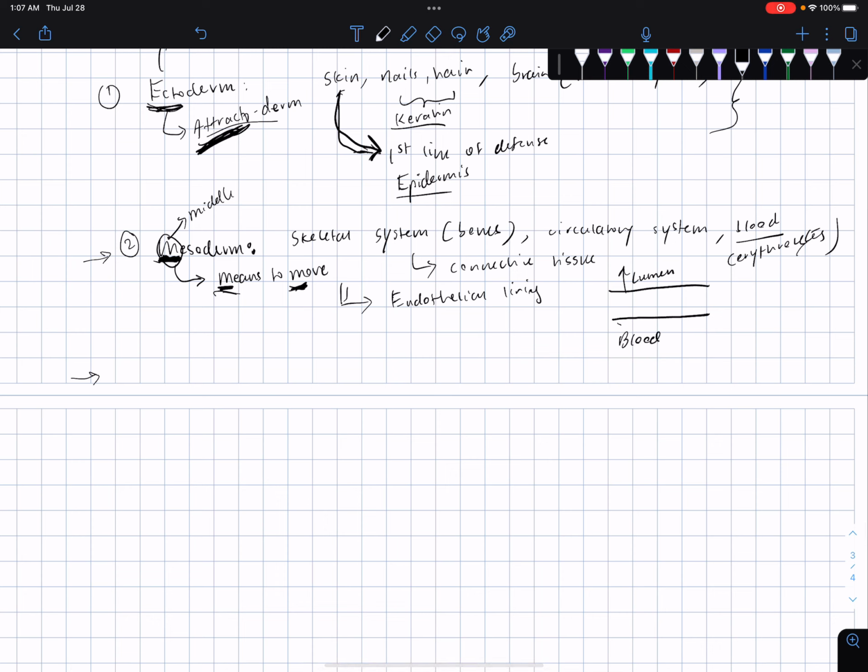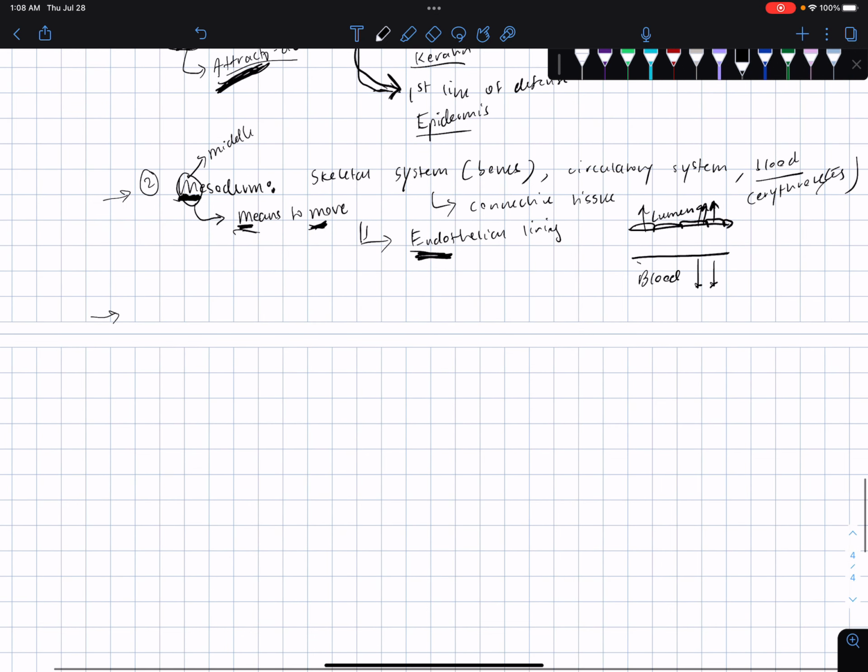So lumen is the inside of a hollow tube, so this is the inside of whatever organ we're looking at, and the blood is kind of on the outside. So endothelial sounds like the inside, right? Endothelial. So since it's the inside, we have that lining over here, and it is facing the inside, which is facing the lumen of these organs.